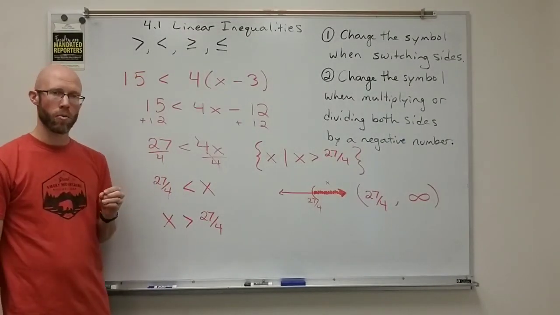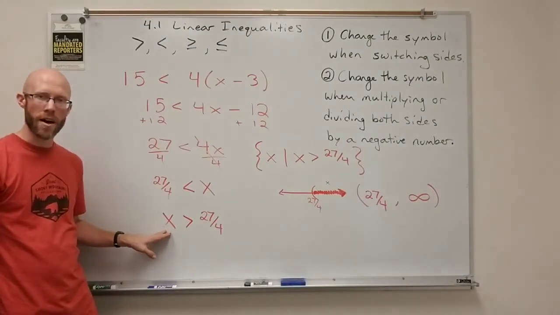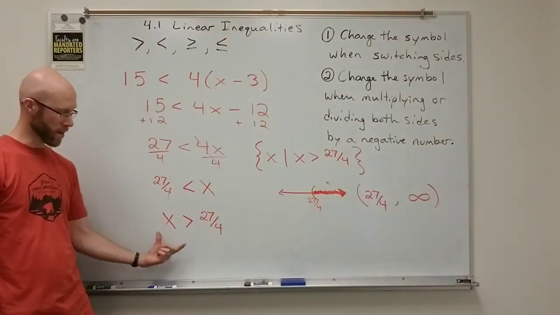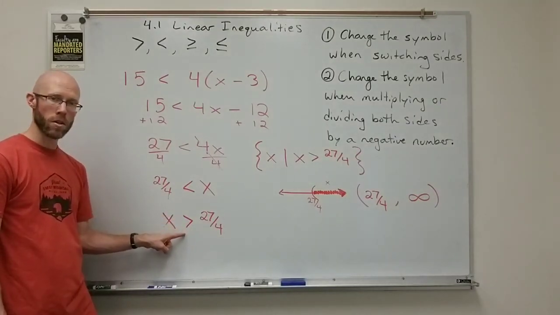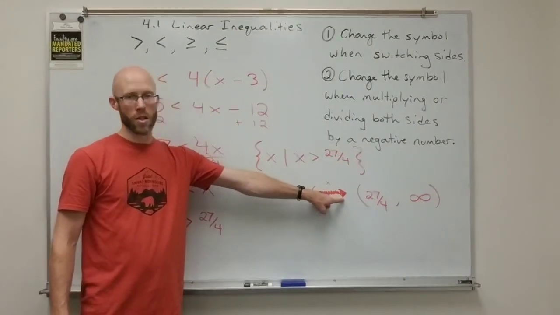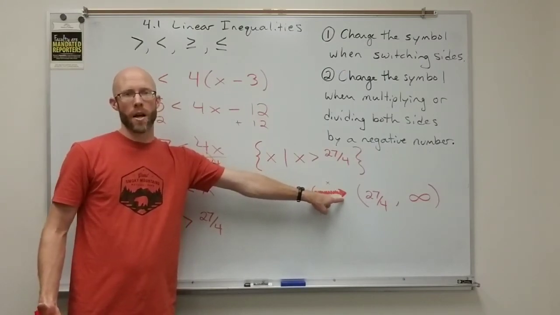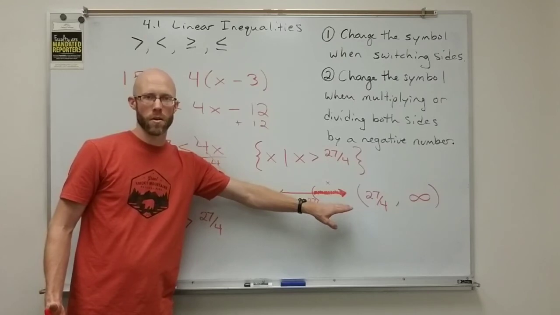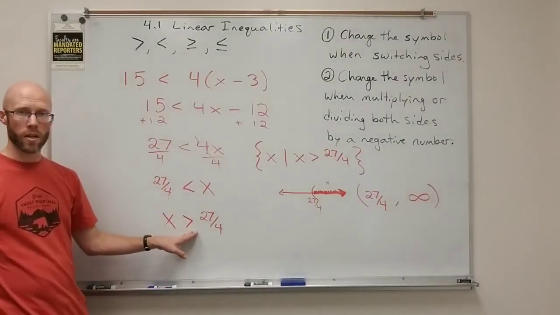Now, one thing I want to point out is that when you have the variable on the left in your solution at the end here, the direction of the inequality symbol will point in the direction that you need to shade on the number line. It's just a nice feature that corresponds the visual of the number line to the inequality, okay?